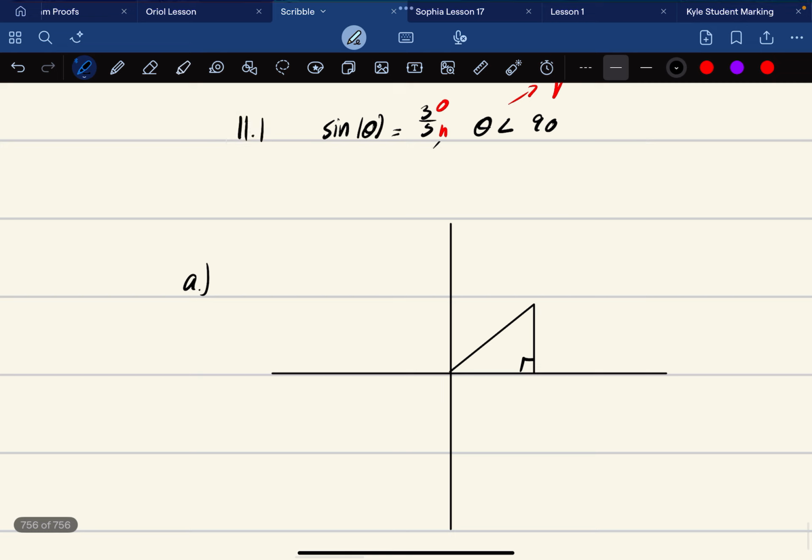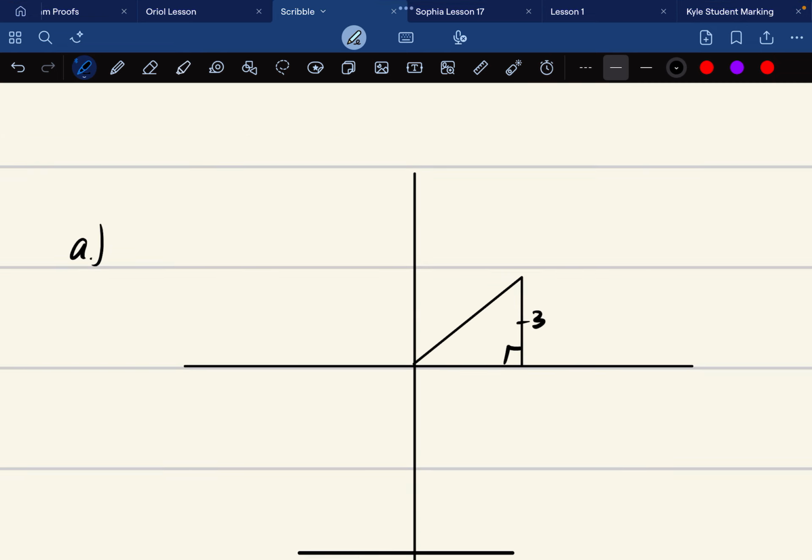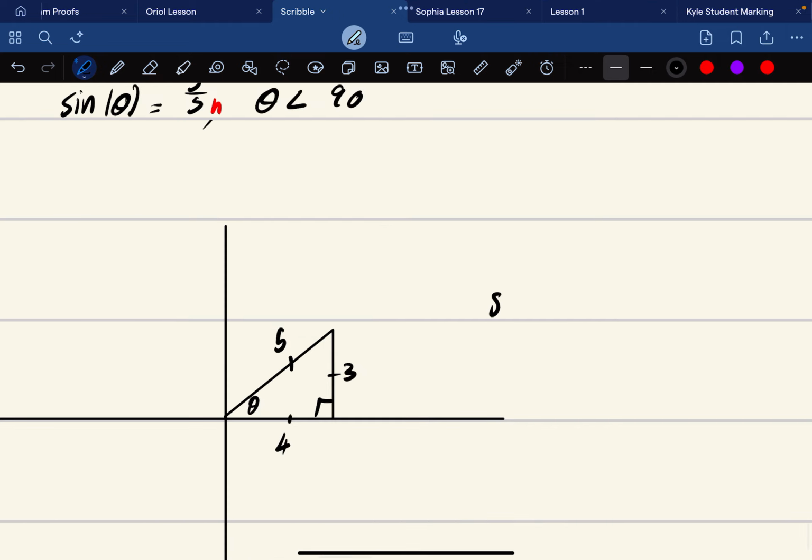So if the opposite is 3, the hypotenuse is going to be 5. So that's theta. Therefore, the adjacent is going to be 4 because 5 squared is equal to 3 squared plus adjacent squared. Therefore, adjacent is equal to 4. Cool. So that's how we've represented the information on a Cartesian plane.